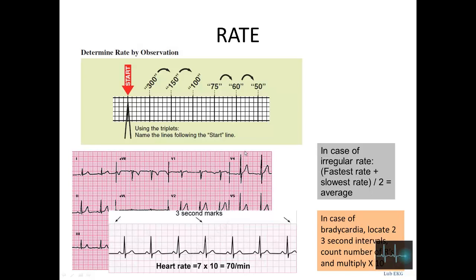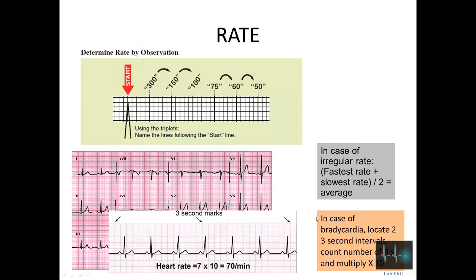And then the fastest rate will be the area where we have the shortest distance between 2 R waves, and the slowest rate will be the place where we have the longest distance between 2 R waves. Now we can look at this example. For instance, we count, we say 300, 150, 100, 75. So on this ECG strip, it's 75 beats per minute.